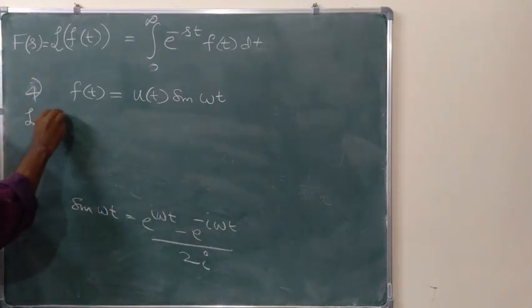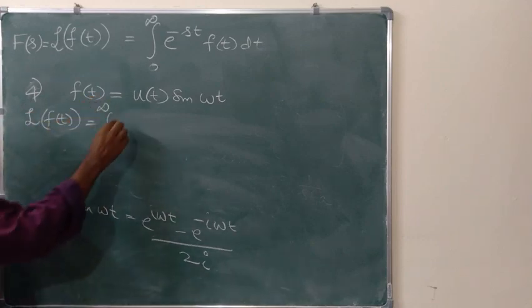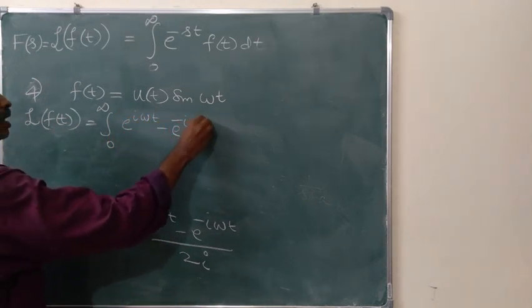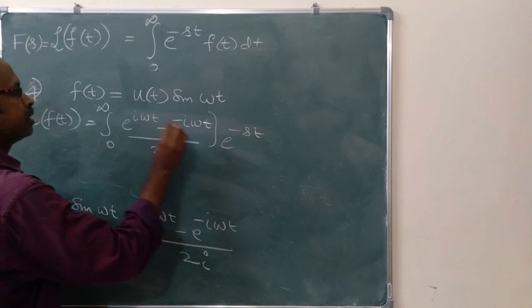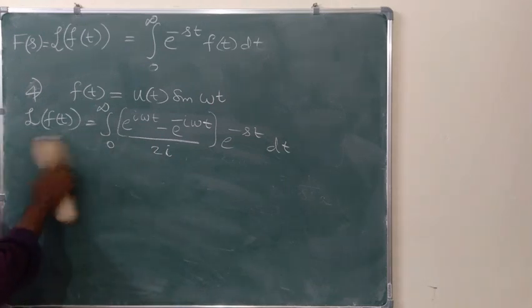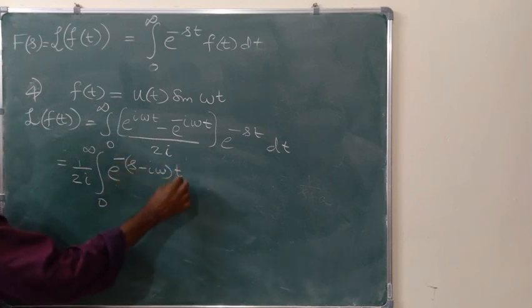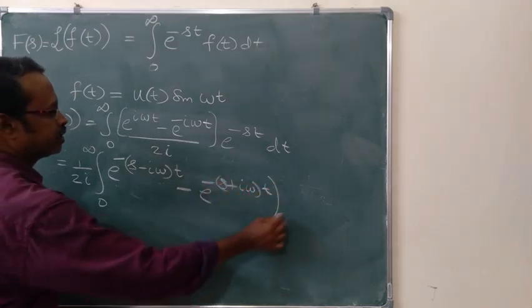Therefore, L of f(t) equal to the integral from 0 to infinity of (e to the power i omega t minus e to the minus i omega t) divided by 2i, times e to the power minus st dt. So that is equal to 1 by 2i times the integral of e to the power minus (s minus i omega)t minus e to the power minus (s plus i omega)t dt.